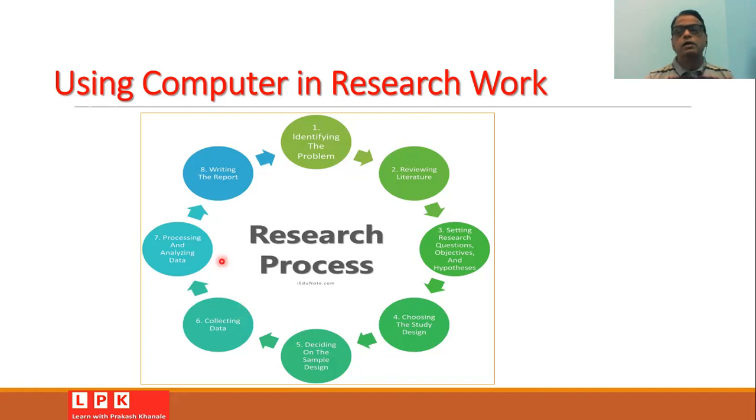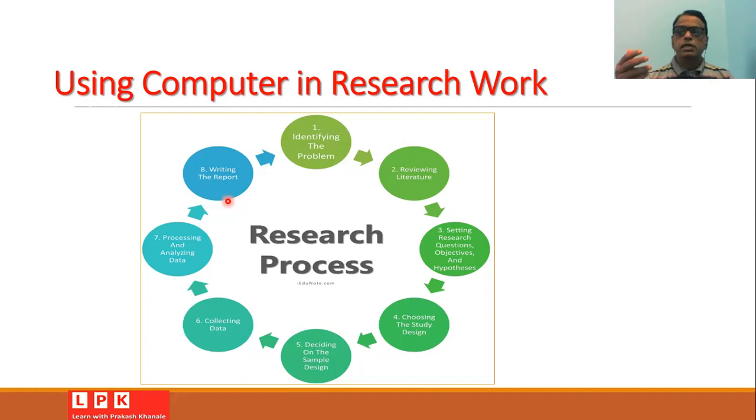Once you collect the data, there are different statistical tools available through which you can analyze the data. And once you analyze the data, you can form a fruitful conclusion from it. So all these phases can be done by making use of computer systems. Whenever you want to prepare any article or paper on your research work, you can make use of a computer system.